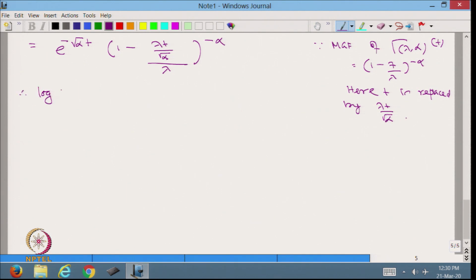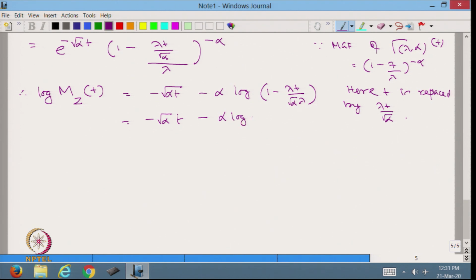Therefore, log of m z at t is equal to minus root alpha t minus alpha log of 1 minus t upon root alpha.